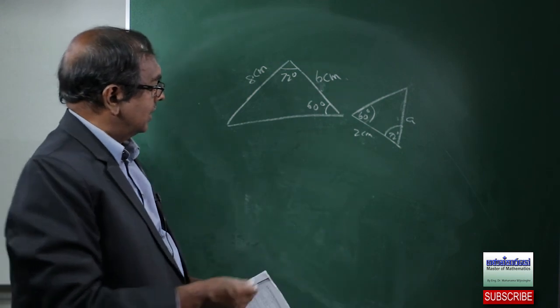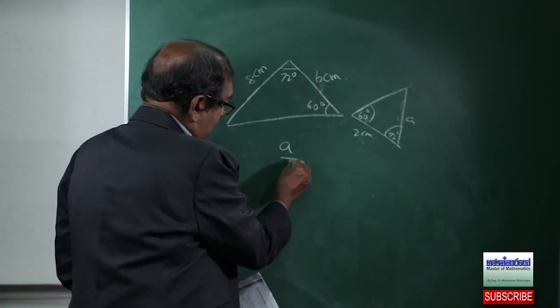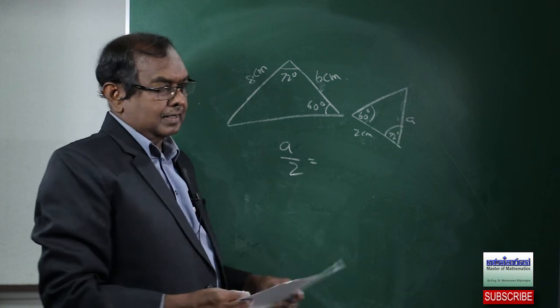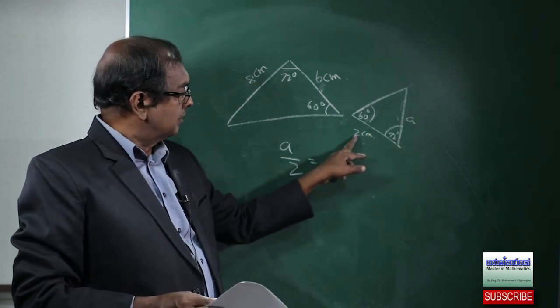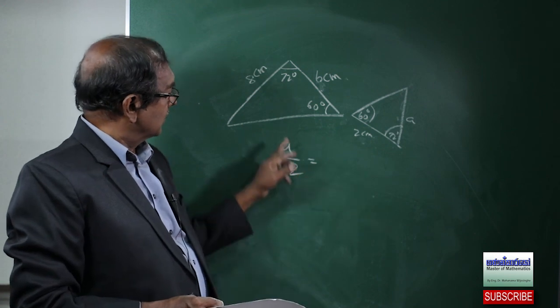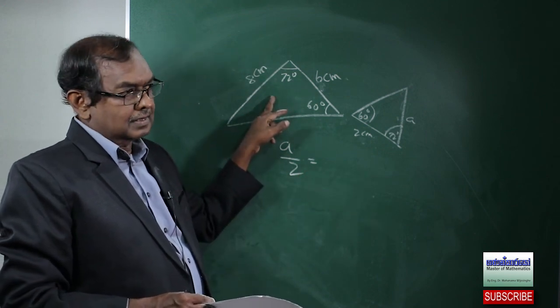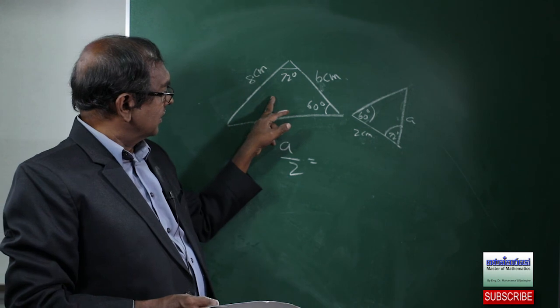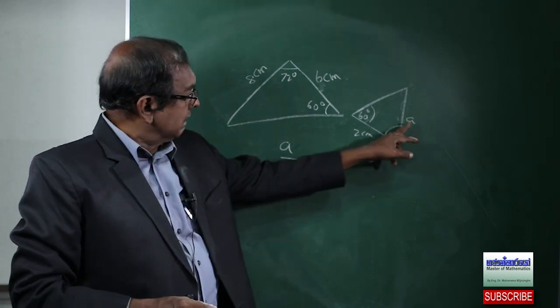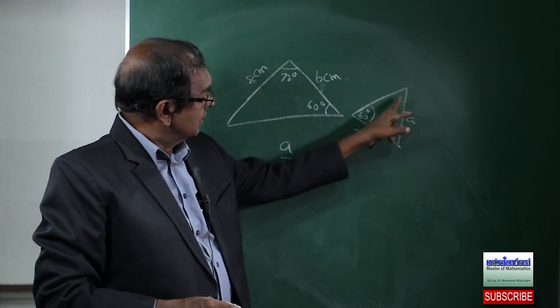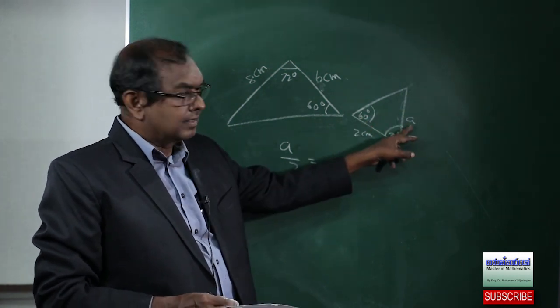Then directly I can take A divided by 2. I directly get from this figure, A divided by 2 equals, with the first diagram, what are the representative values? A is the side in front of 60 degrees.